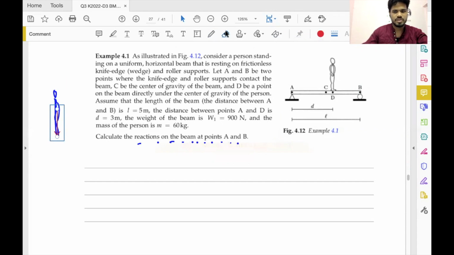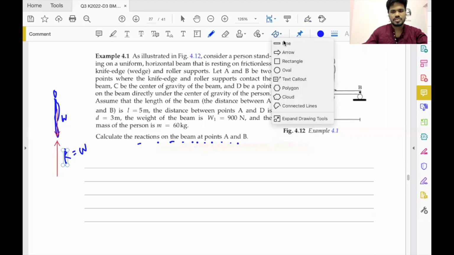He is in equilibrium because, of course, there is one more force acting upwards. Else he cannot be in equilibrium. So in order for this person to be in equilibrium, the reaction force should be equal to the weight.